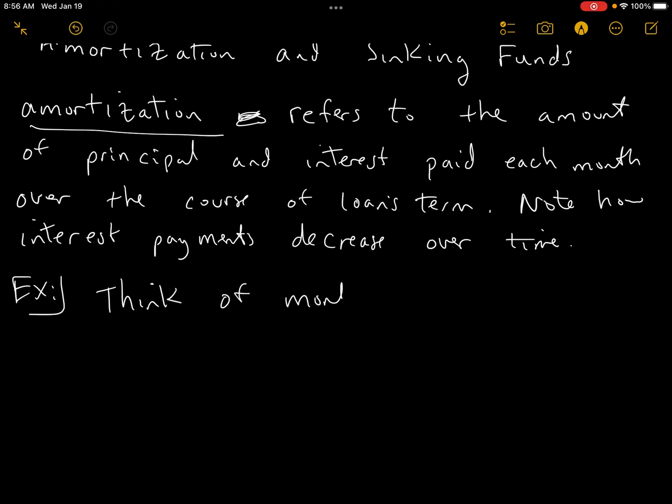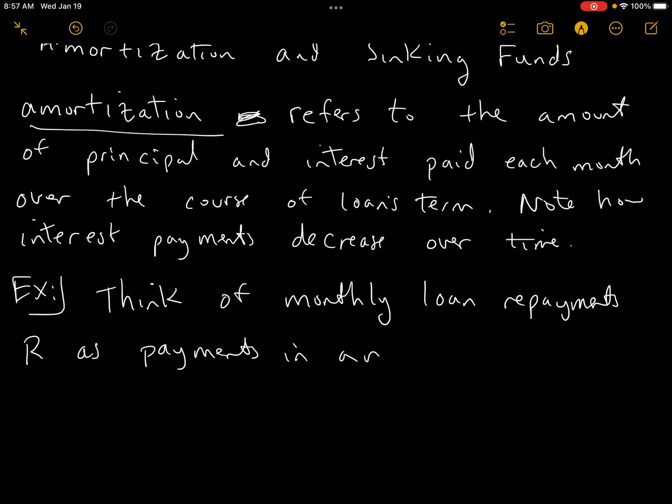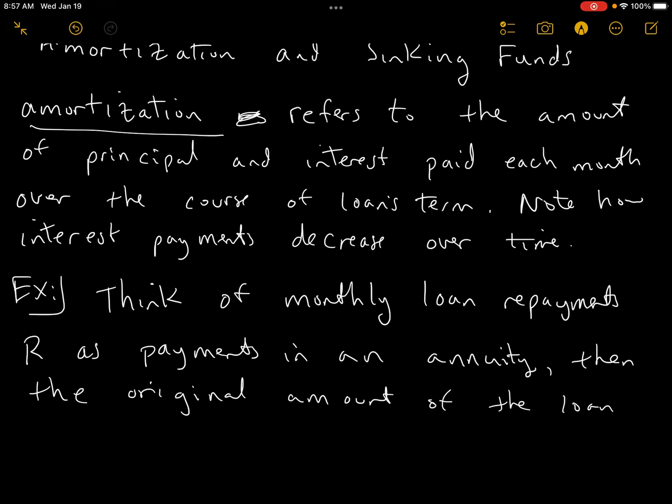If you think of these monthly loan repayments as payments in an annuity, then the original amount of the loan is P, the present value of the annuity, if you're thinking of these as annuity payments. It's just a thought here. Okay.